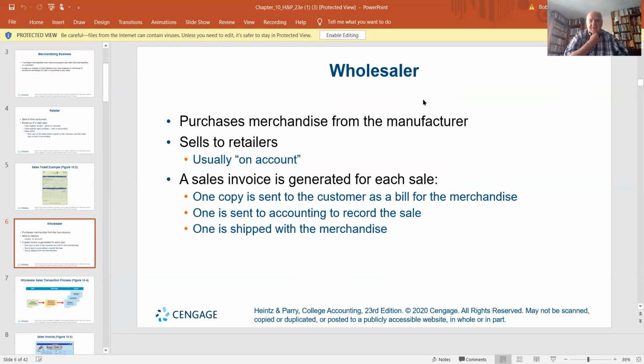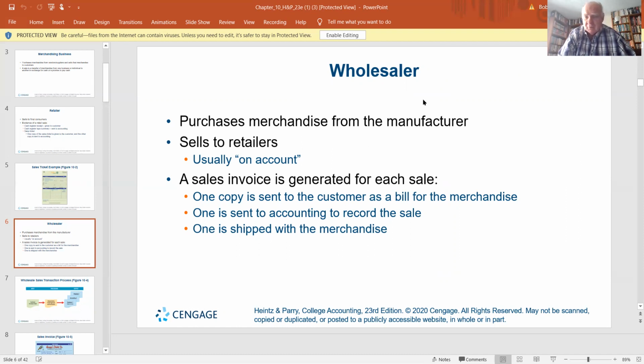Wholesaler, like I said, that's the middleman. That's the guy who buys from the manufacturer. Wholesaler buys from the manufacturer, usually sells to retailers, usually on account. You can pretty much say always on account. They sell on account and get paid later. And invoices are generated for each sale, and there's various distributions of that document.